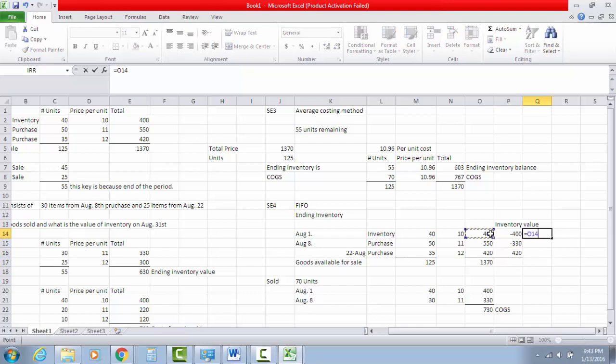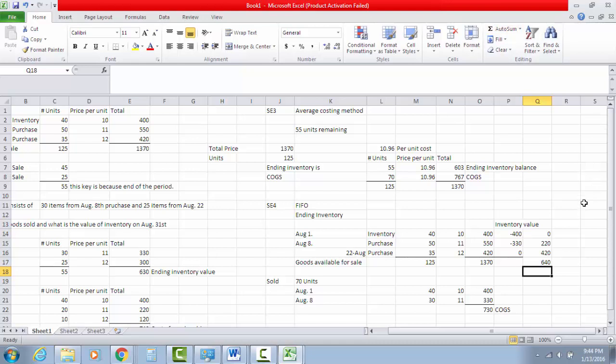So we do, oh, sorry, this plus this. Oh, we sold 0 of these. So we do this plus this, and vice versa. So our ending inventory value comes out to be $640.